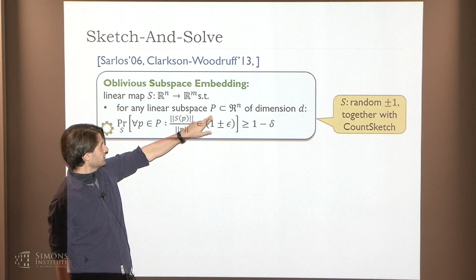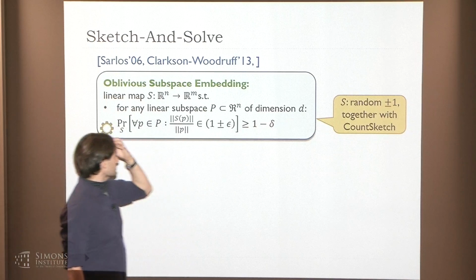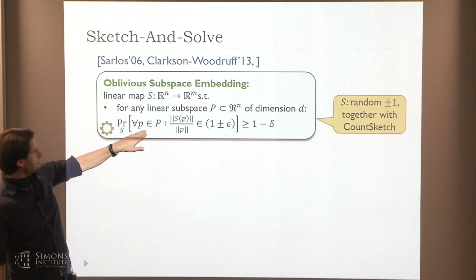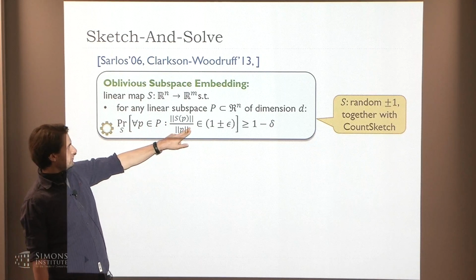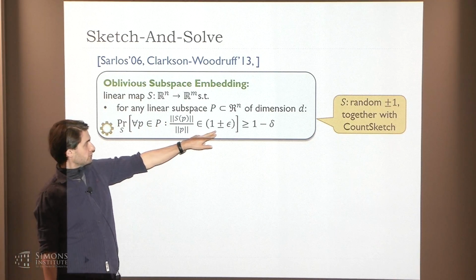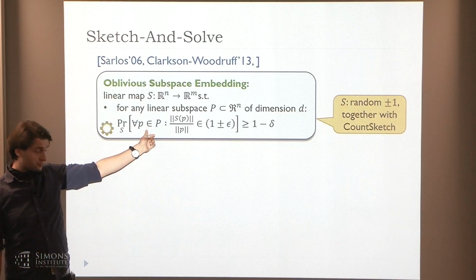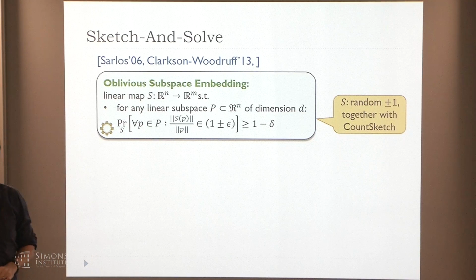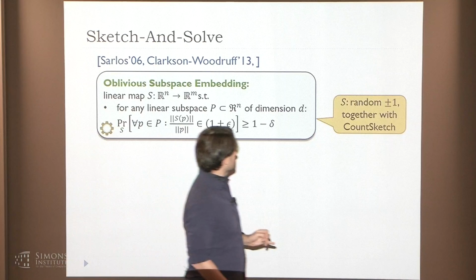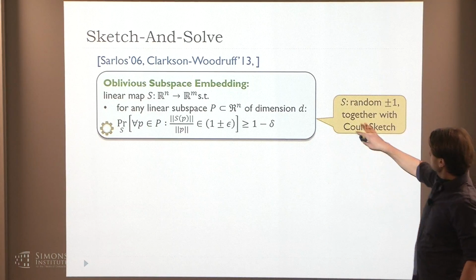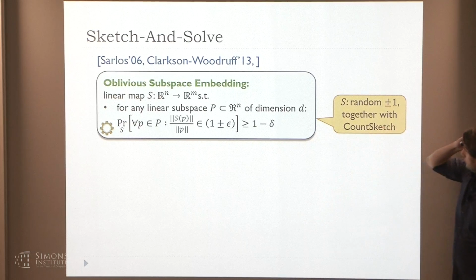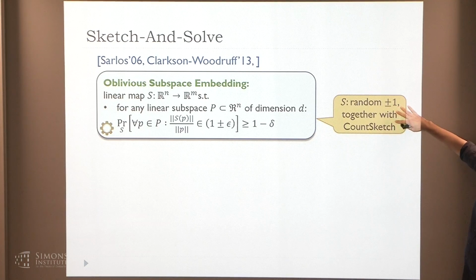A linear subspace, let's say of dimension d, and with high probability it preserves the L2 norm of any point p in the subspace up to a 1 plus epsilon factor. So it is something that holds for the entire subspace. I should mention that there are different ways to use this matrix.